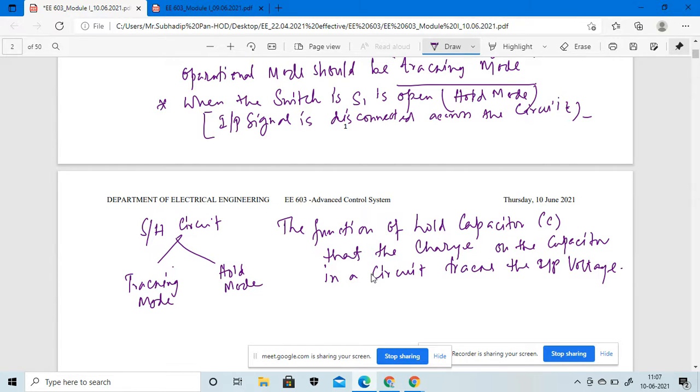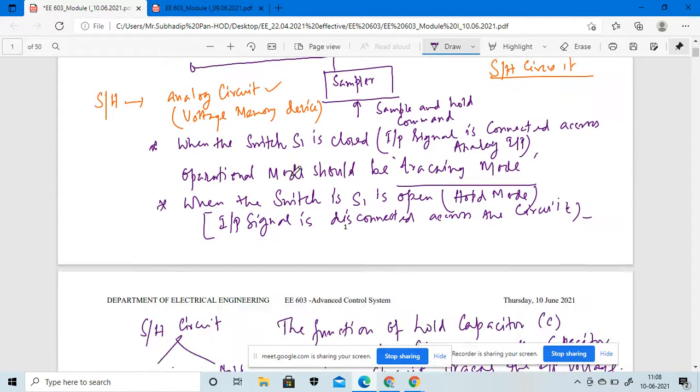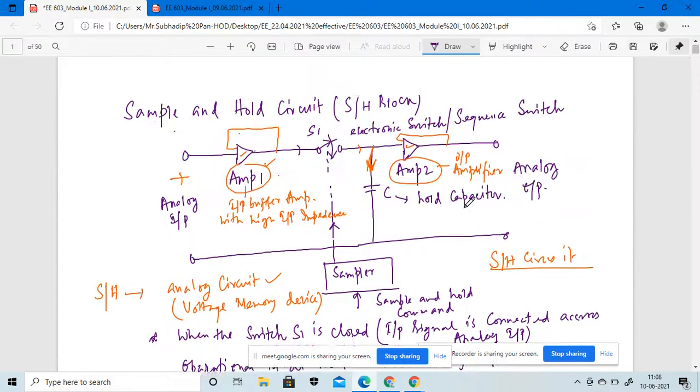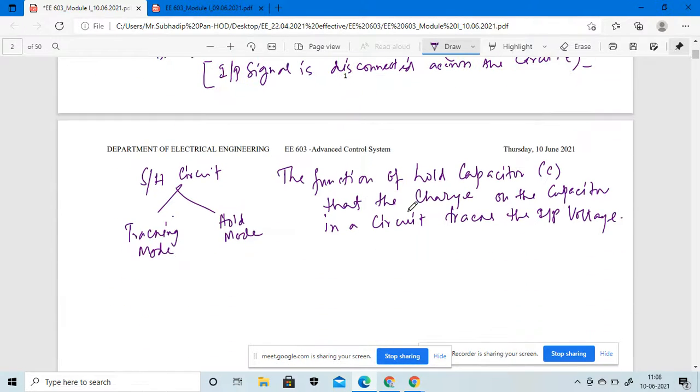Whatever voltage enters through this particular analog input channel across this amplifier will be tracked by the hold capacitor. So that is the function of a hold capacitor.